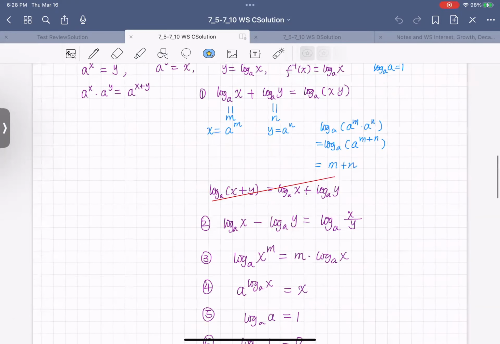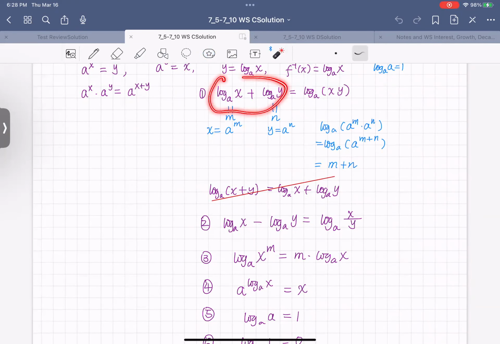Let's see here. This is what we learned last week. Logarithm properties. When you have a product, you can rewrite log base a of xy as log base a x plus log base a y.